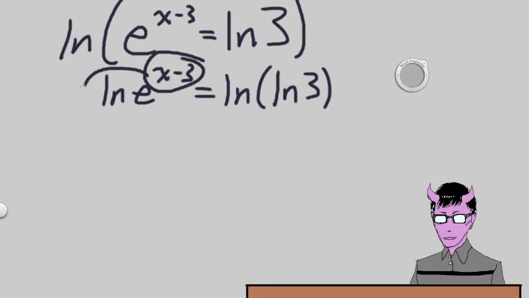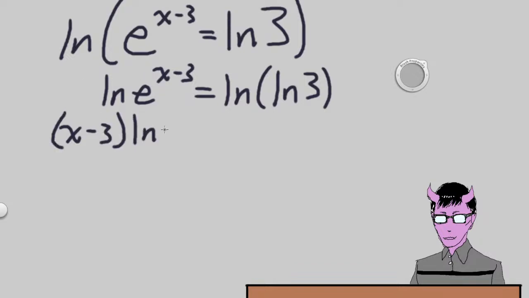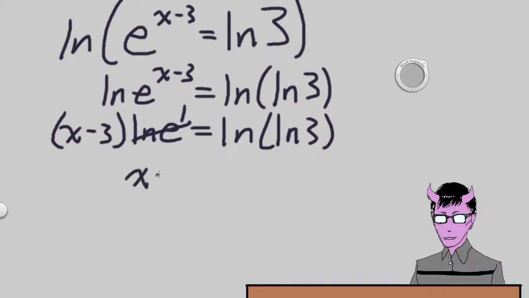Alright, we can do exponential slammage. And that's a familiar face. Yeah, that just looks absurd. But anyway, this one cancels. And it becomes 1. That's nice. x minus 3, I mean.